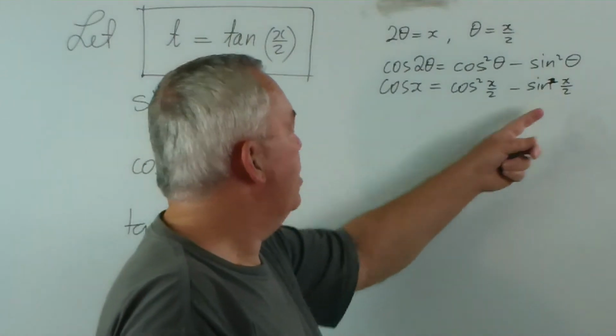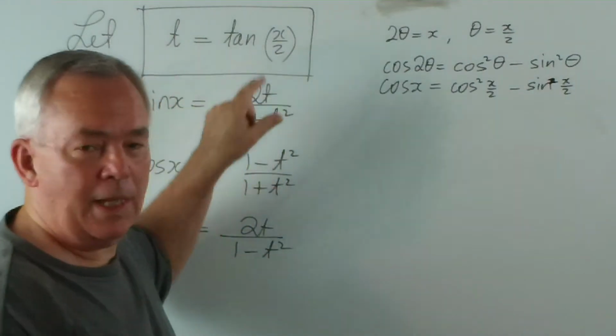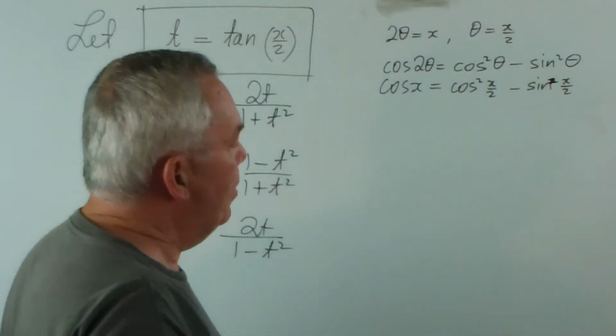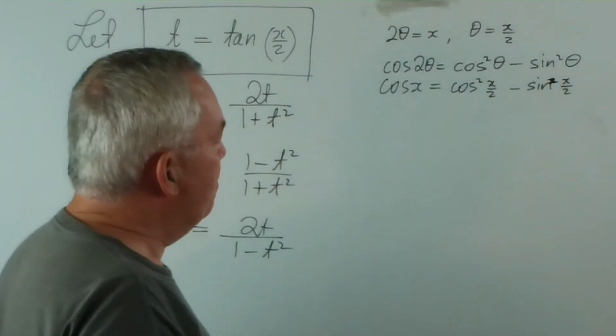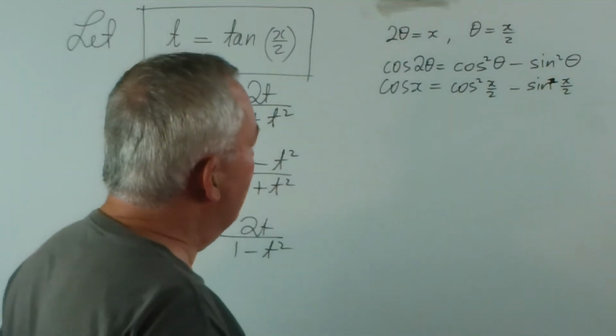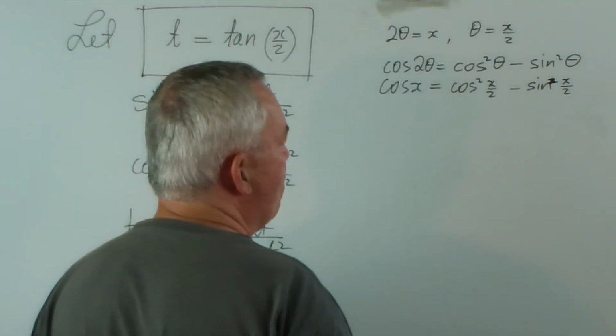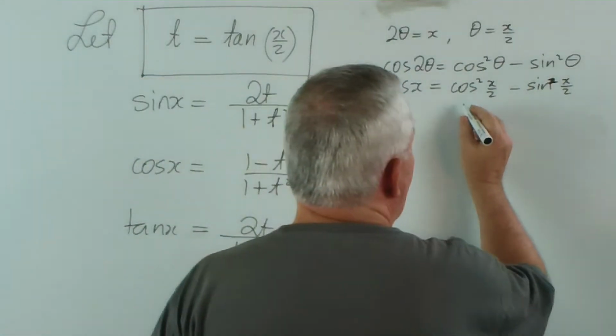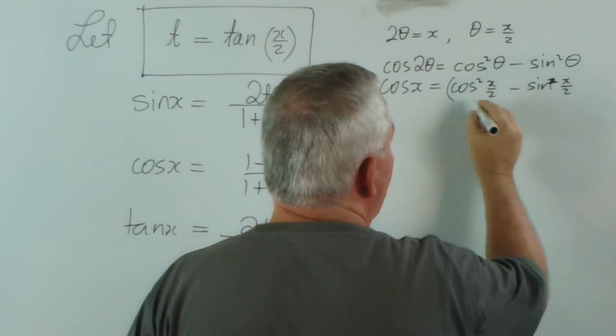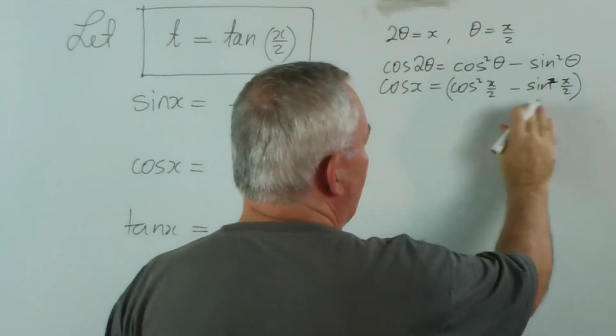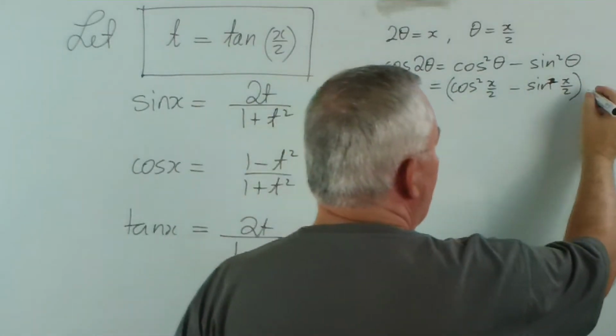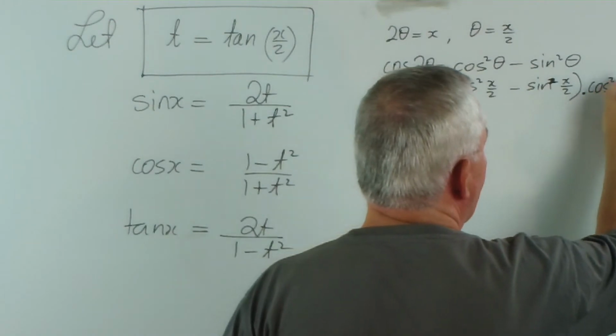Now neither of these are in the form tan x on 2. So can we create tangent functions? Well, we could. We could, for example, divide all of this by cos squared x on 2 and multiply by cos squared x on 2.